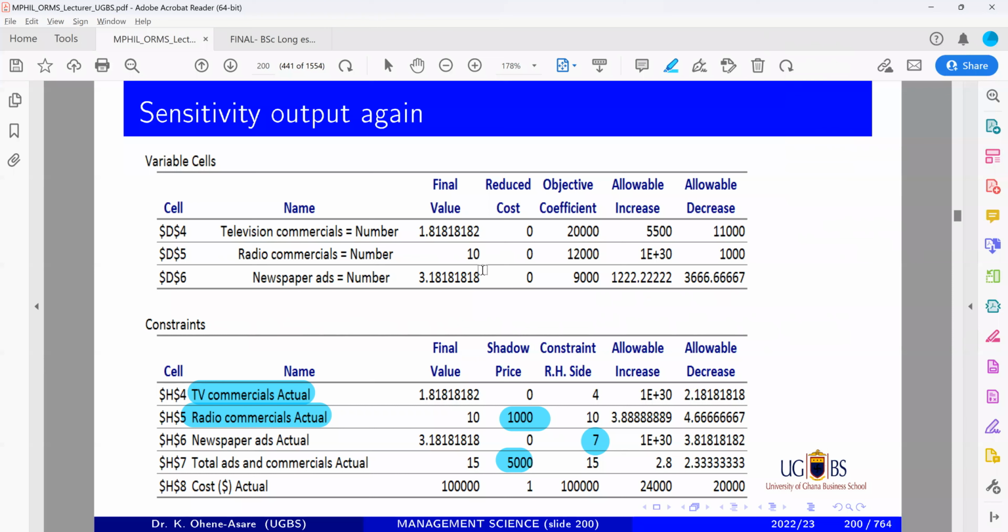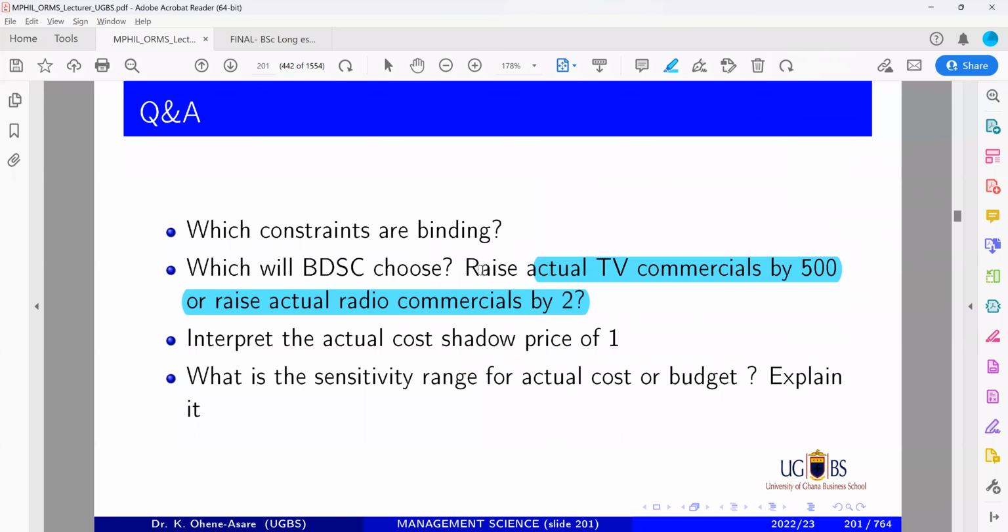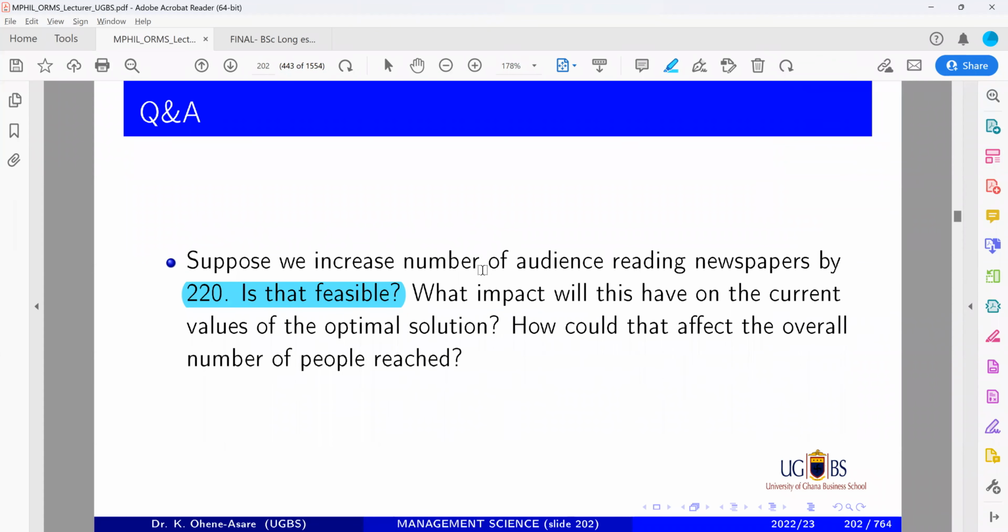And do that and confirm: a zero shadow price, when there is any change in the right-hand side value of a zero shadow price, we know that the objective function value will not change, but what happens to the optimal solution? So you can confirm that for yourself.